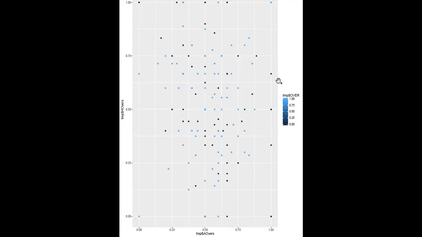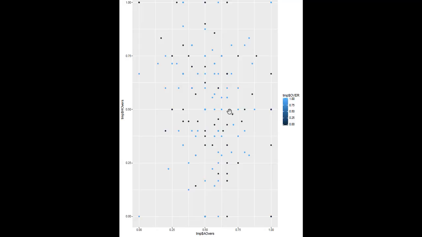So that seems to be saying that if both teams have overs which are over 50%, then I will get overs twice as often as I'll get unders.